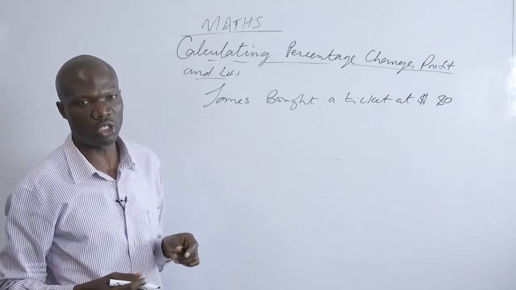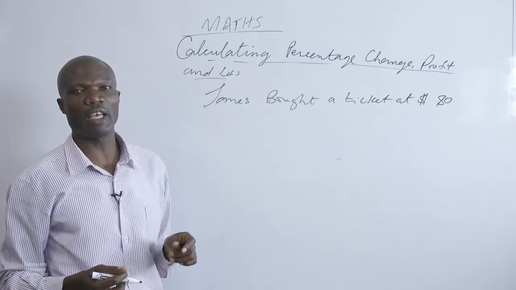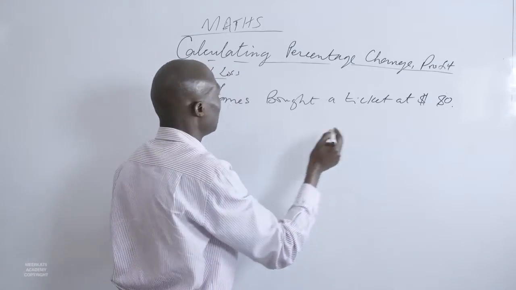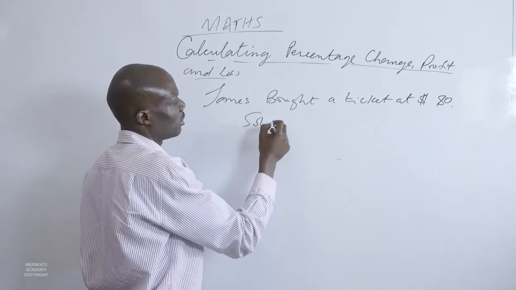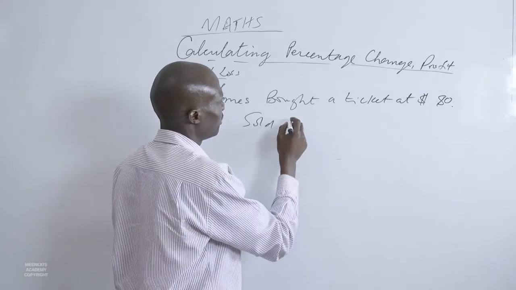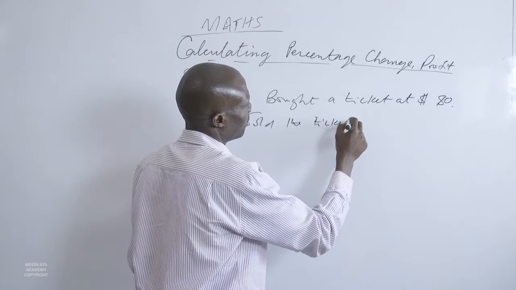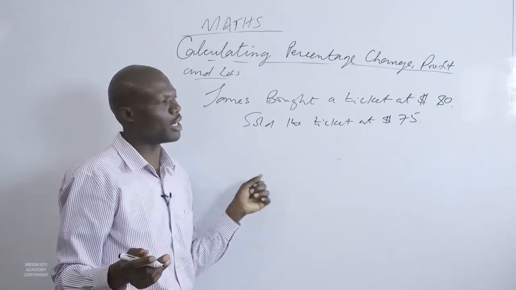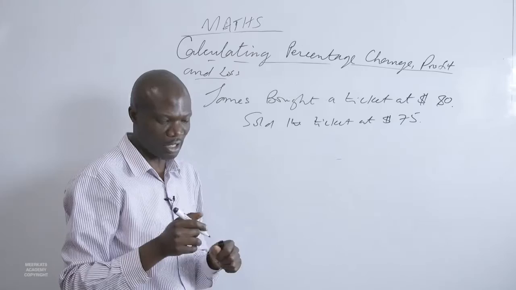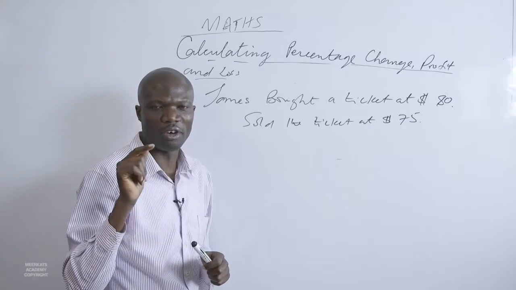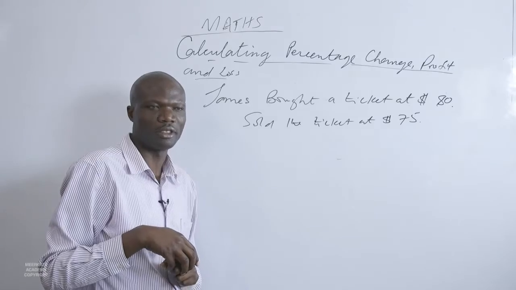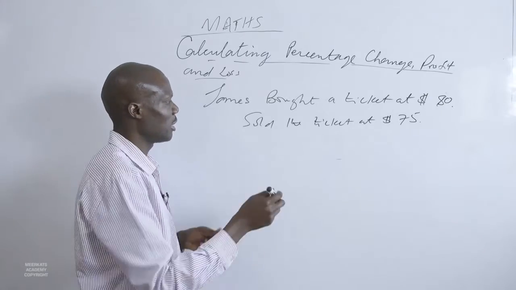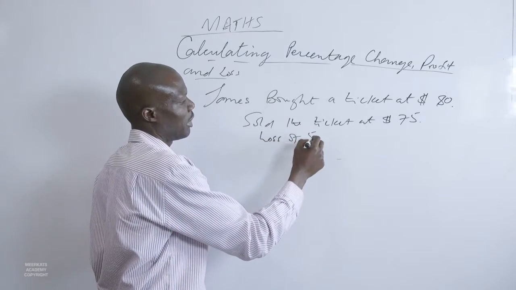He was supposed to go and watch a movie. Then by evening, he realized he's late. He decides to sell it. Because he was late, James sold the ticket at $75. So you realize that he bought at 80, he has sold it at 75. Is it a gain or a loss? Definitely it's a loss. And it's a loss of how much? There is a loss of $5.